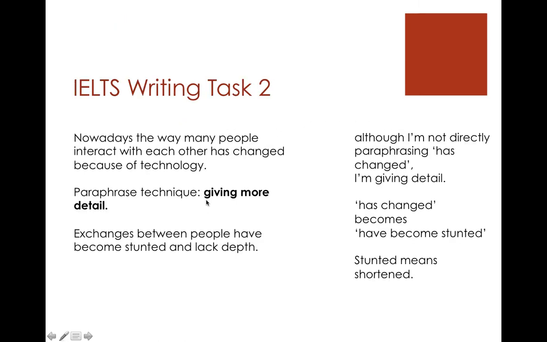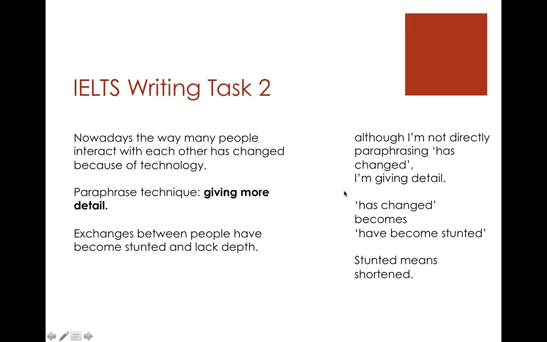So now we're going to just take a look at the bonus way of paraphrasing. And we looked at it a little bit already, but it's called giving more detail. So here is has changed, but we don't know what the detail is. So again, here, stunted and lack depth is the detail of changed. Okay, has changed becomes stunted, and stunted means shortened.